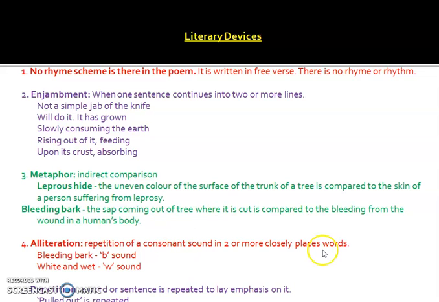It is very easy. Something like repetition, you can easily find the words or the verses that are being repeated in the poem. Alliteration, you can check out the consonant sounds that are being repeated. So it's really easy. It's nothing very tough. Just understand it, you will get it easily. So these were the literary devices for the poem On Killing a Tree.